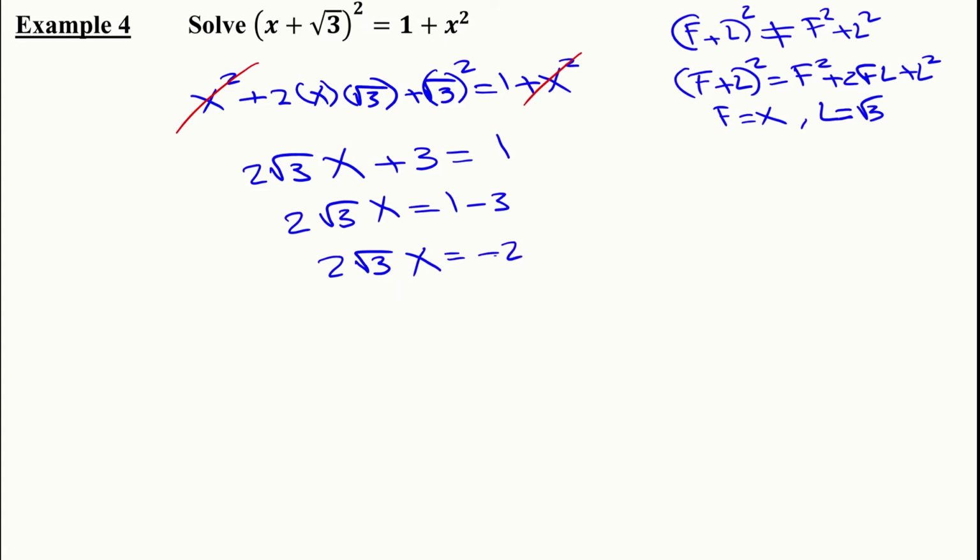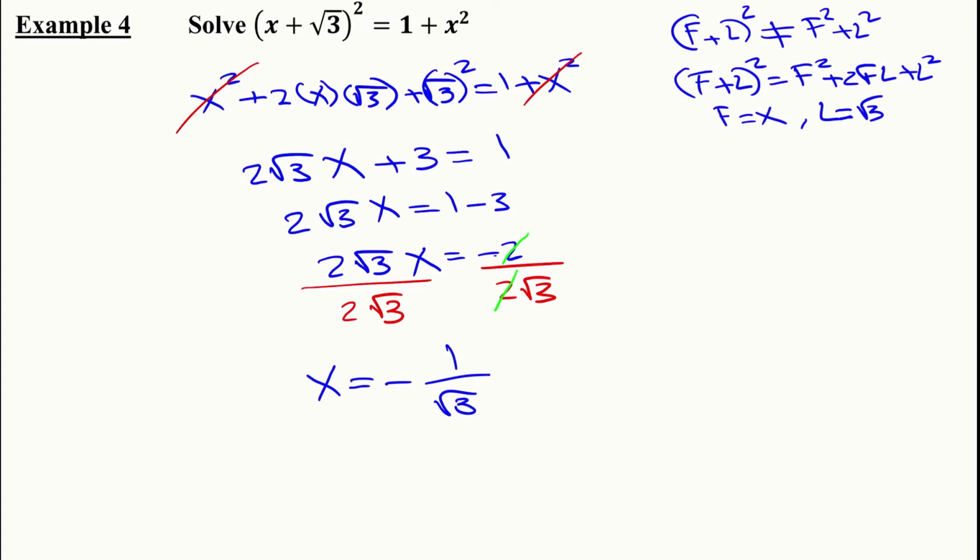Dividing both sides by 2 radical 3 will give us x. So we get x is equal to, we notice here that the 2's will cancel out, so we basically get -1 over radical 3.